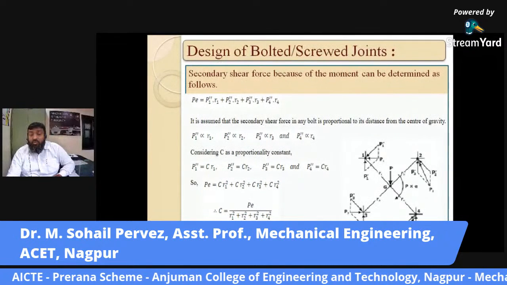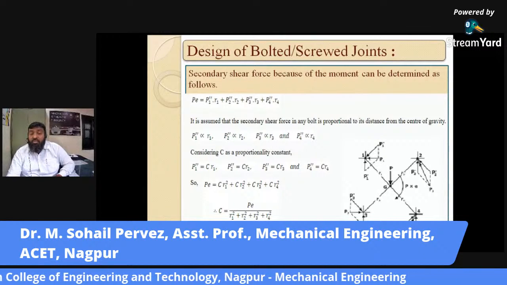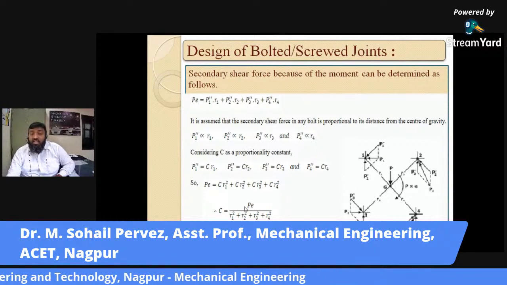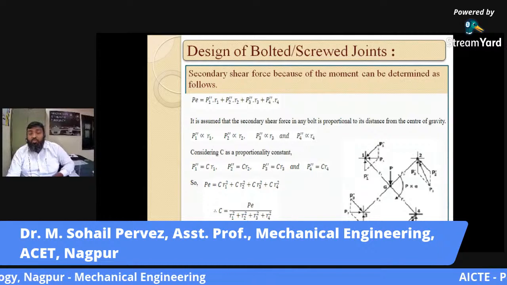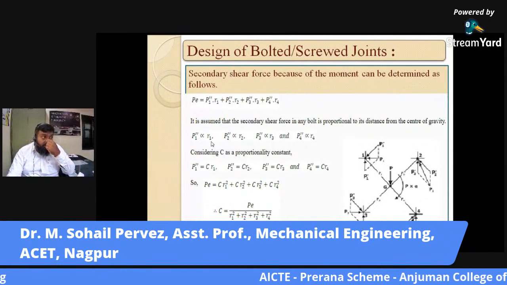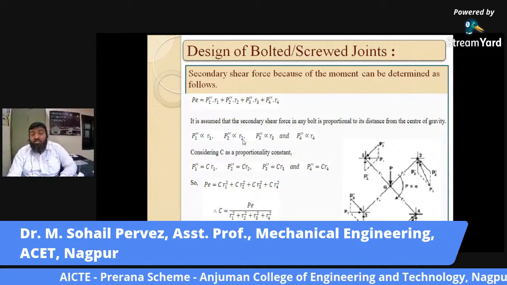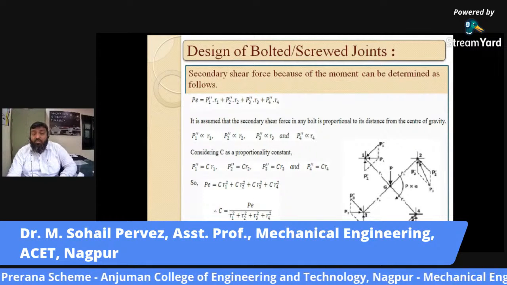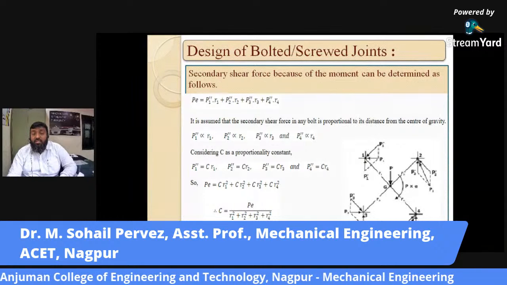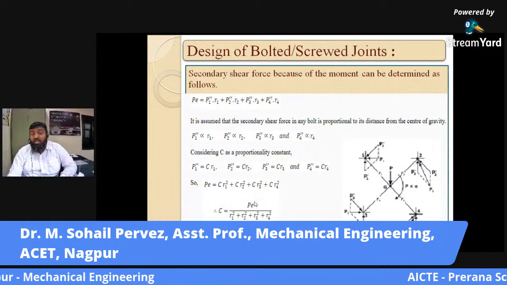Therefore P1 double dash can be written as C into the distance R1, P2 double dash as C into R2, because we have found the constant of proportionality. So with this you can calculate P2 double dash, then P3 double dash and P4 double dash.